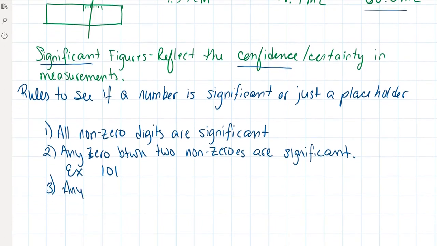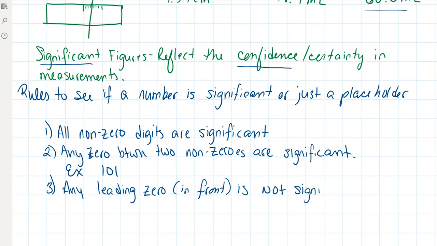Any leading zero, or a zero in front, is not significant. So for example, if I had 0.00685, since I have these three zeros, they're not showing how confident I am in my measurement, they're just showing the place. So I would only count 3 significant figures in that number because the zeros are in front.